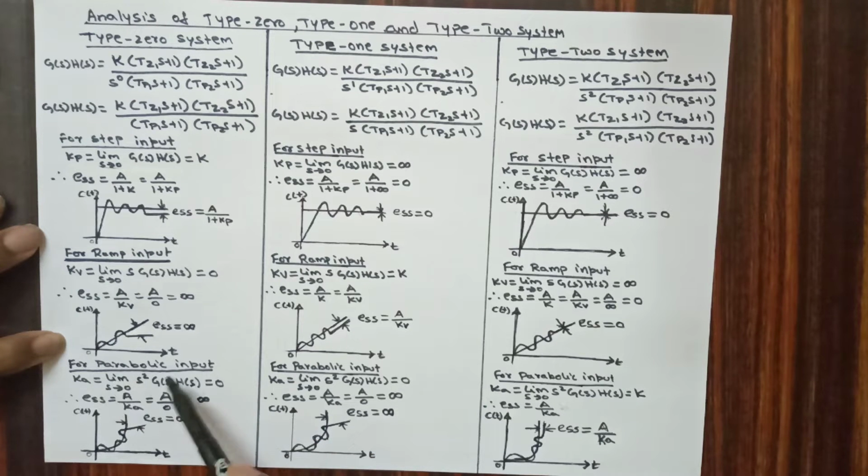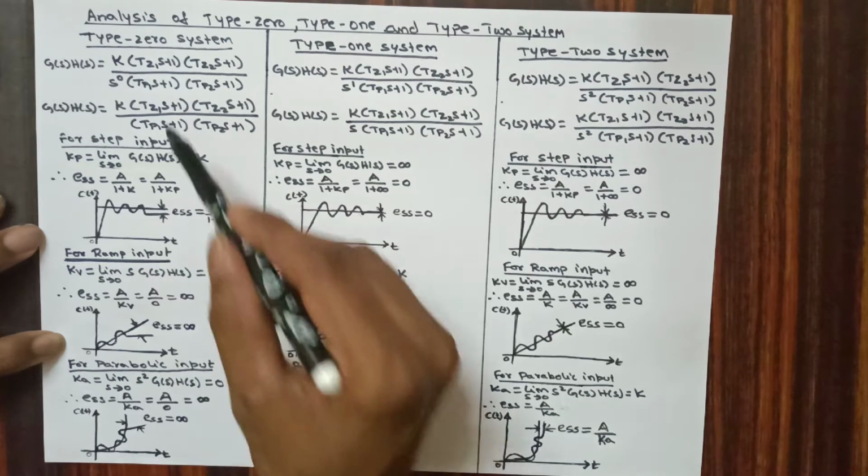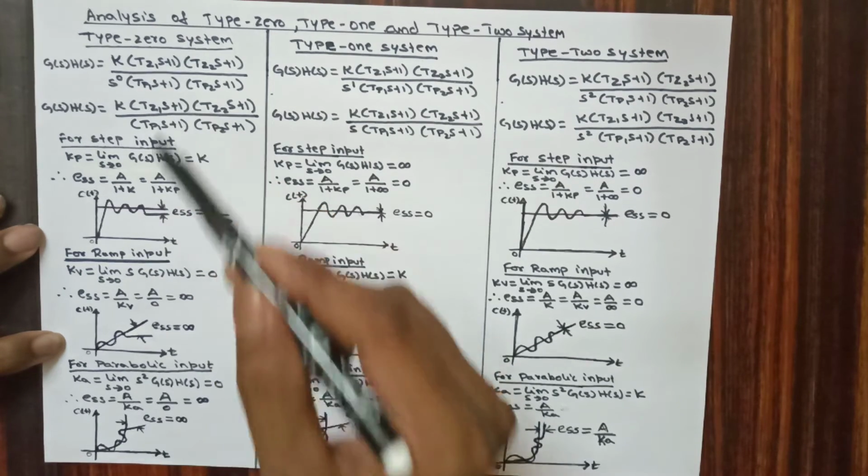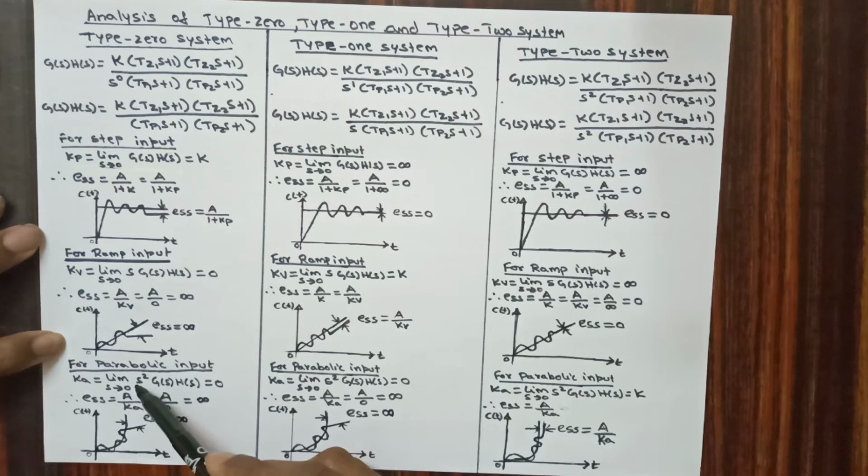For parabolic input, you can see here the acceleration error coefficient Ka is equivalent to limit s tends to 0 of s to the power 2 into G(s) into H(s). As you know, G(s) into H(s) for a type 0 system is this value. When we substitute here and apply the limit s tends to 0, anything multiplied with 0 is 0.